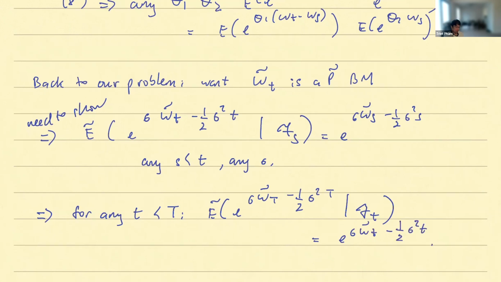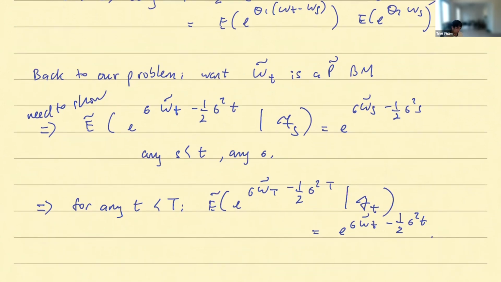So instead of proving it for any moving S less than T, I just fix a big T and prove it for any moving little t. It's the same. Why is it more convenient here? Because my change of measure kernel is defined for big T. But they're the same.